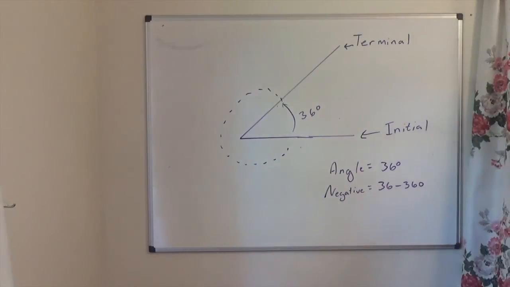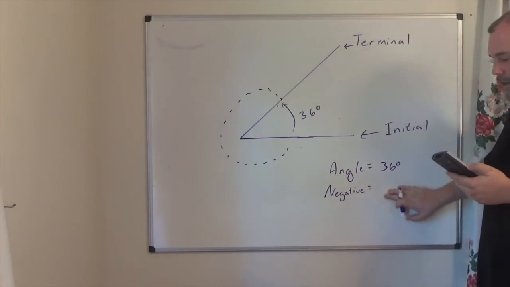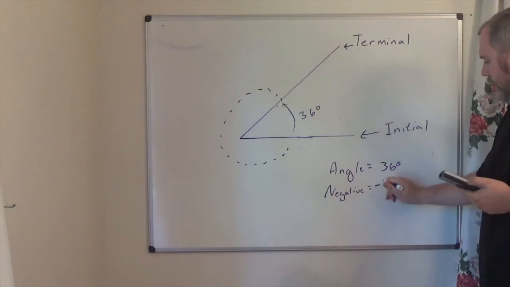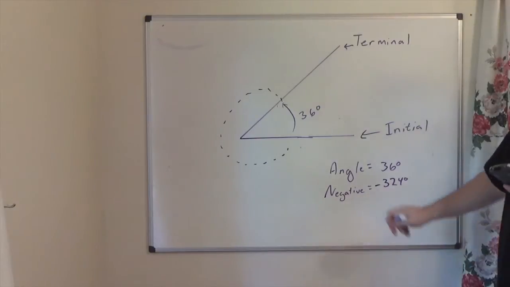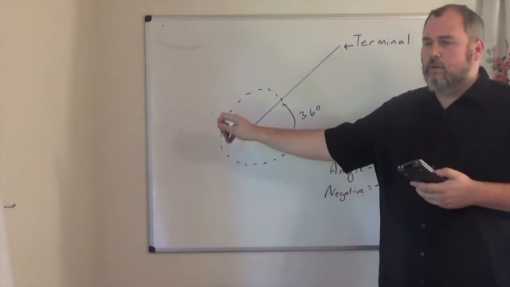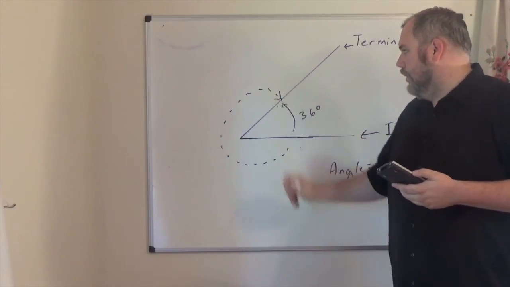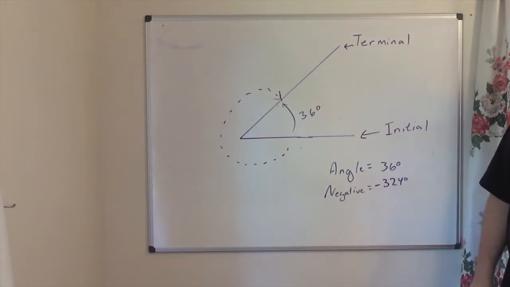Using our handy calculator, we get that the negative angle is negative 324 degrees. So our negative angle that we went around the long way is negative 324 degrees.